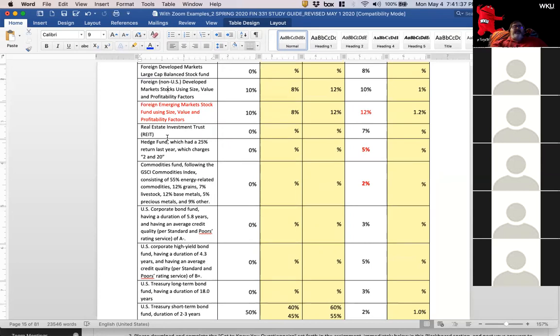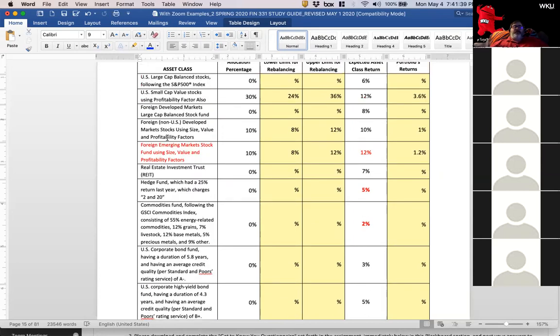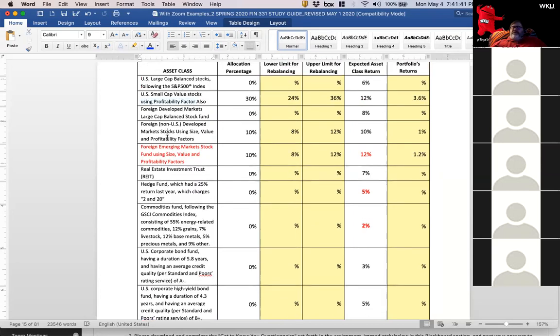Now, in this case, you could say something like, there is an 80% or greater probability that over any 20-year period of time, small cap stocks will outperform large cap stocks, value stocks will outperform growth stocks, and high profitability stocks will outperform low profitability stocks. So instead of having 3 different paragraphs, you can use 1 paragraph.